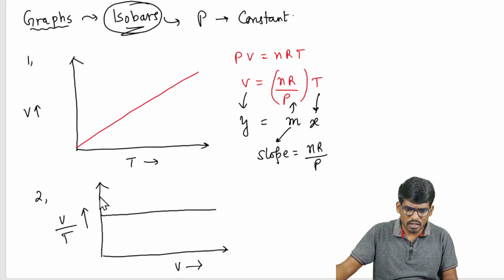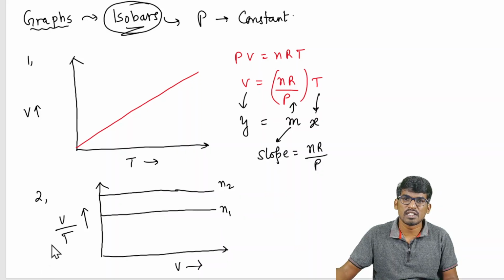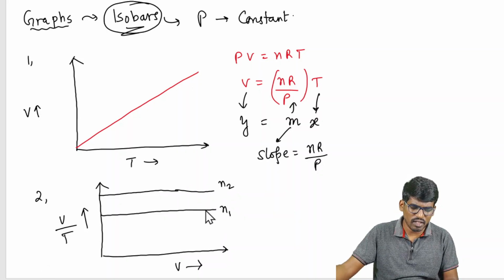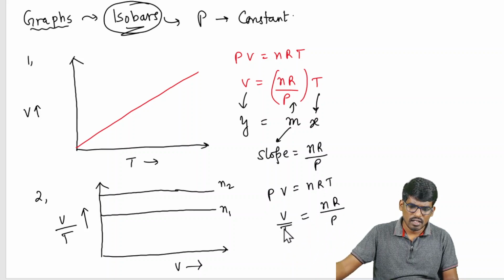And suppose I consider two different graphs, let us assume this is n1 and this is n2. If I ask you the relation between n1 and n2, how do you demonstrate it? PV = nRT, isn't it? Then V/T = nR/P.